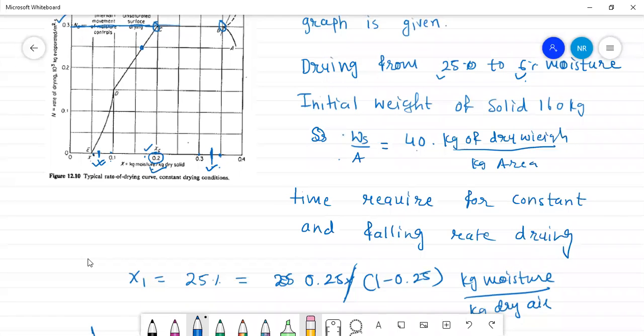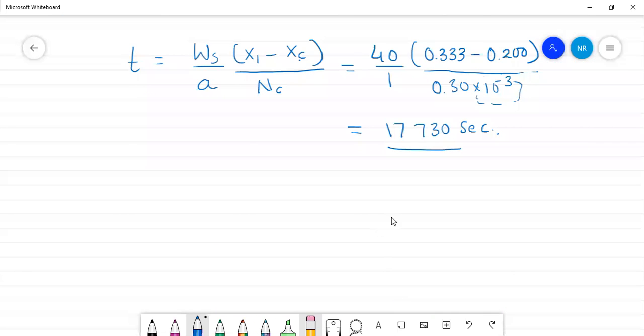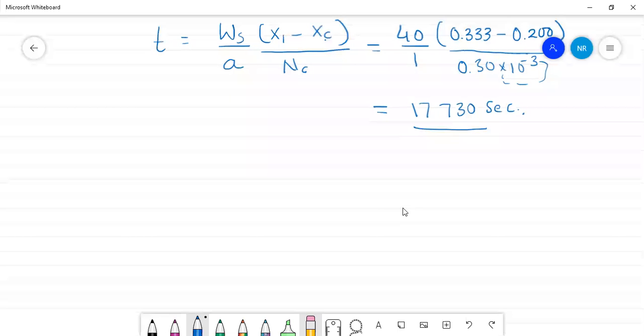We have to take this point, and this point, and this point. So different points we have to consider, and based on them we have the n value and the x value. We have different values of x with different values of n.